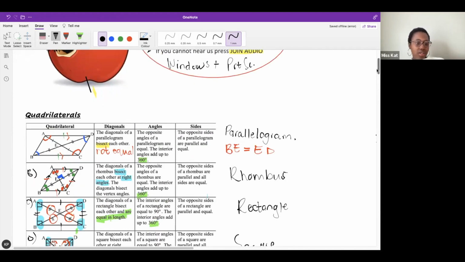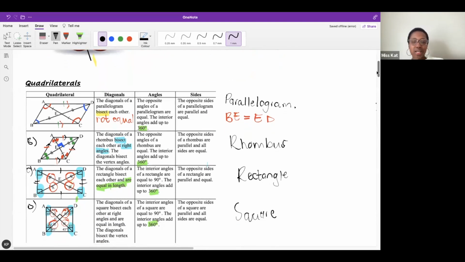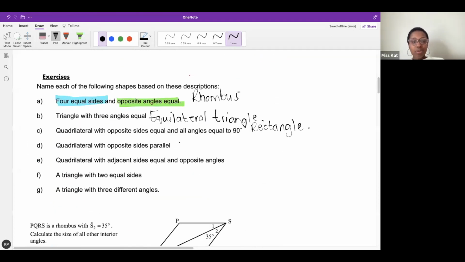Rhombus, opposite sides are parallel. Rectangle, opposite sides are parallel. Square, opposite sides are parallel. Parallelogram. So it's all of them. Do you see? Yes, ma'am. All of the above. I hope we can all see why it's all of the above.